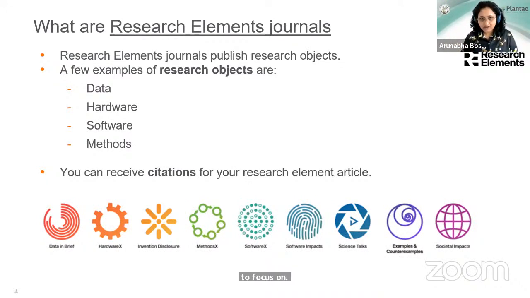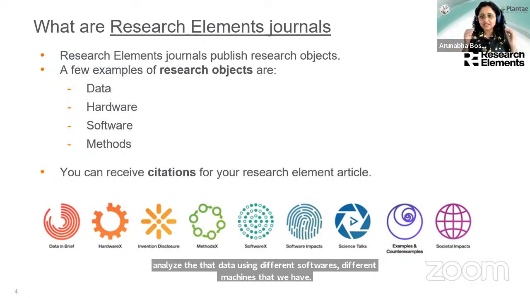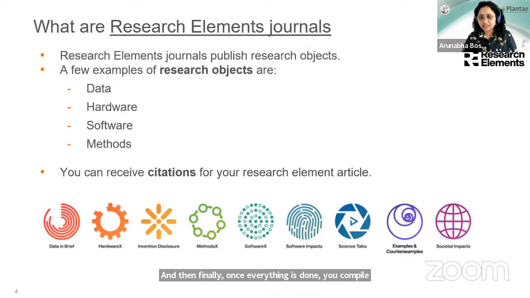Once you have a hypothesis, you know what methods you need to achieve your results, the experiment you want to do. Then you actually perform the experiment, you collect a lot of data, and then you analyze that data using different software, different machines that we have. And then finally, once everything is done, you compile all of this into a research article, and then you communicate it via a research article.